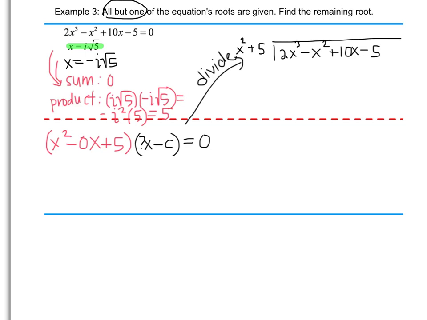Okay, so I say, all right, how many times does x squared go into 2x cubed? So I know I need to multiply by 2x. So multiplying that through gives me 2x cubed plus 10x. I'm going to line up my terms. Subtracting changes the signs, and I'm left with negative x squared.